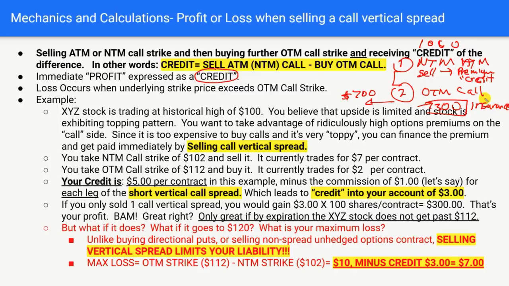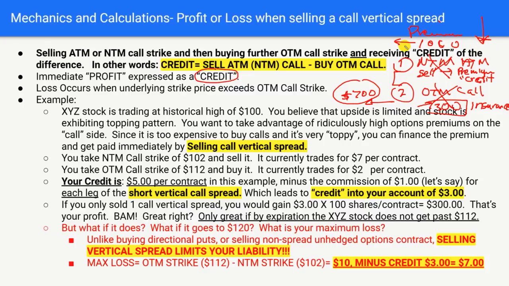Your goal isn't to make infinite amounts of money. Your goal is to make that $700 spread by the expiration date, or basically get so far out of the money that this is no longer relevant and this is relevant. You just pocket it in. You do this when premium is high and you expect that premium to go down and become worthless by expiration.